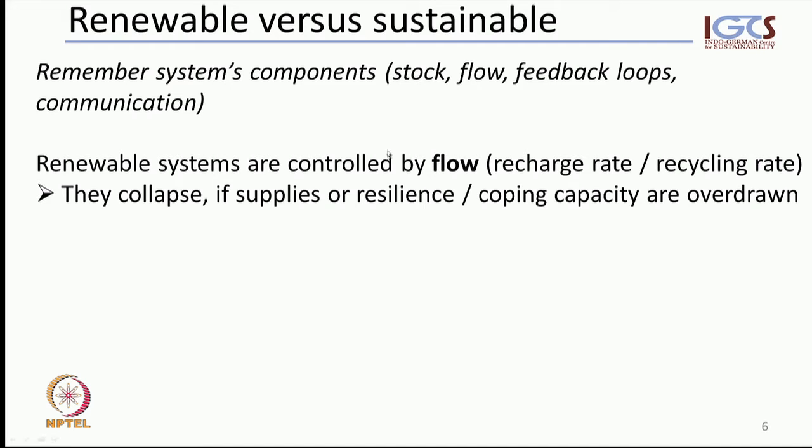And renewable systems collapse or go extinct when the supplies are overdrawn, or when the resilience or coping capacity has been overstretched. You can think of any biological matter, and in those cases it's more obvious, but the same applies to our water resource system.